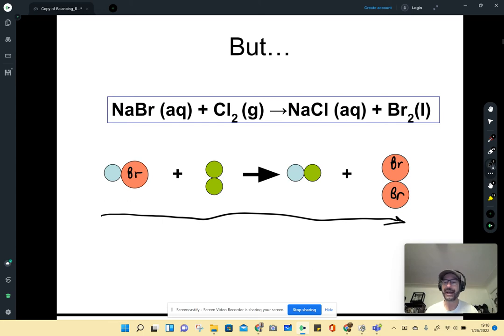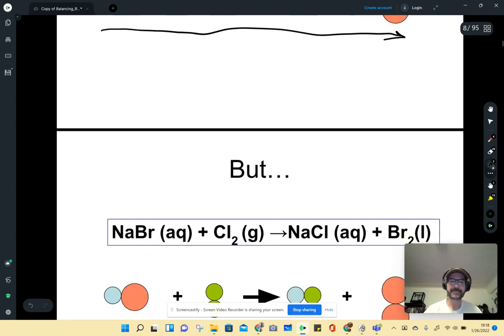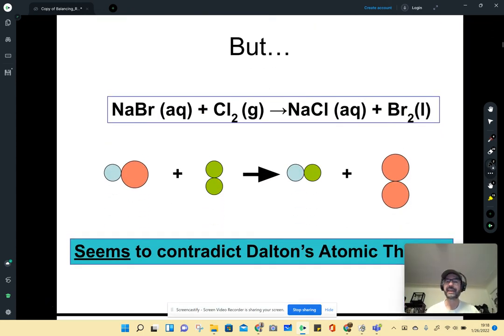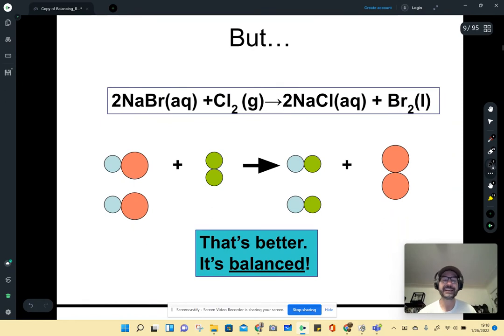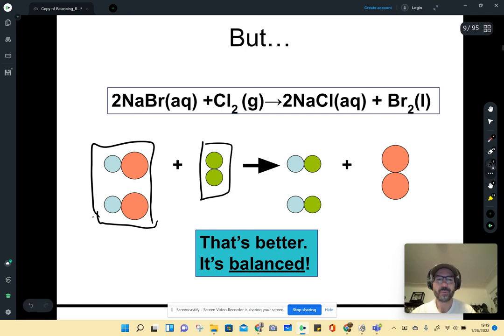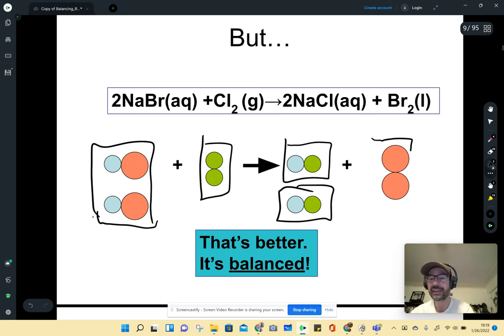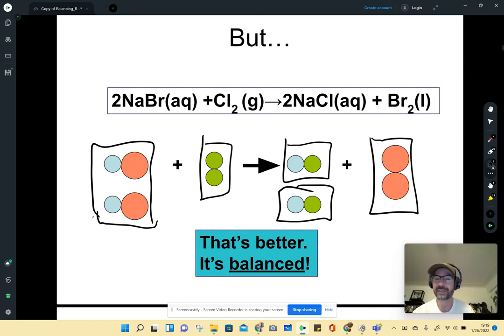So we need to balance it. And this seems to contradict the law of conservation of mass. But if we add 2 molecules of sodium bromide here with 1 molecule of chlorine gas, 2 molecules of sodium chloride and 1 molecule of bromine are going to be formed.